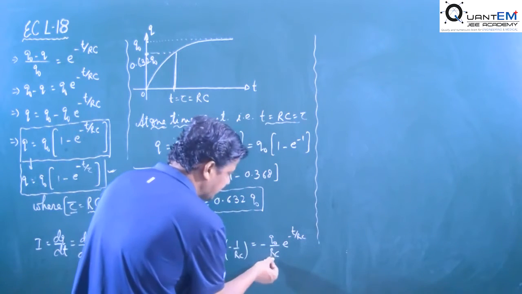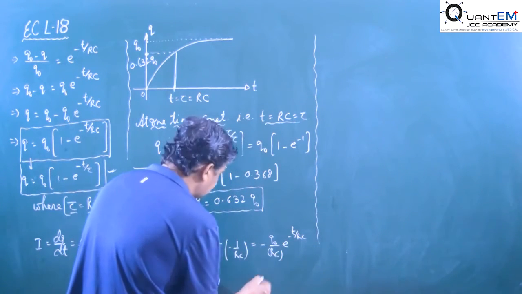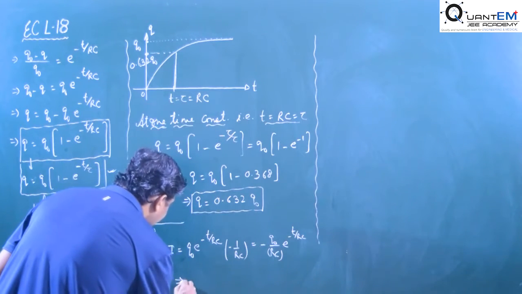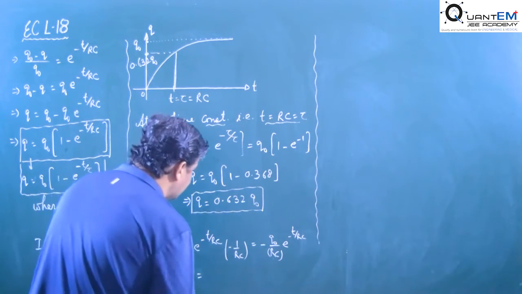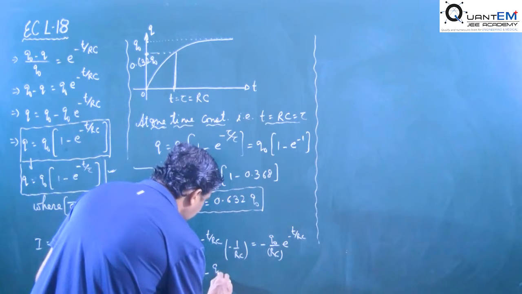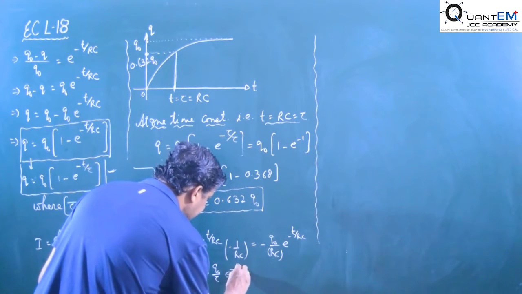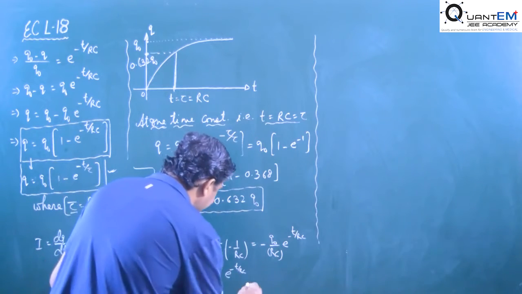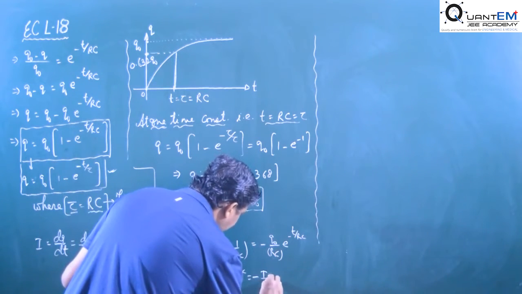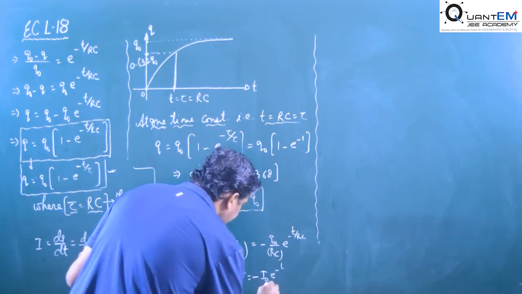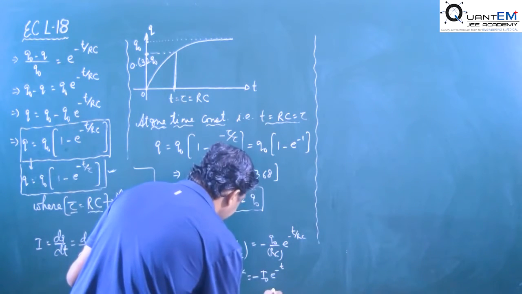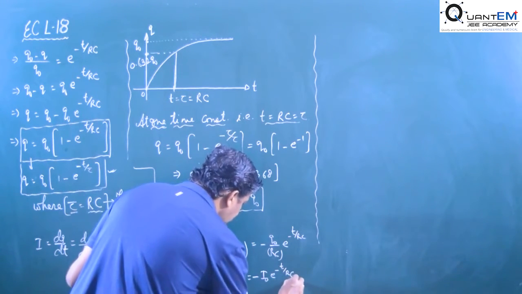Charge by time is current, and RC is the time constant, so I is equal to minus Q naught by tau e to the power minus t by RC, that is minus I naught e to the power minus t by RC, or tau.